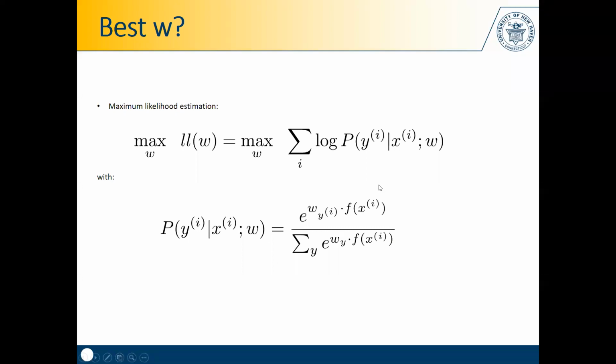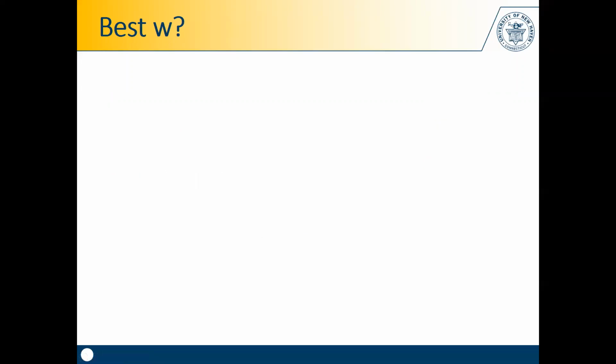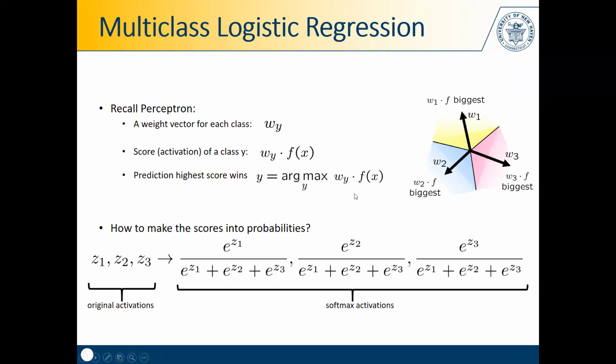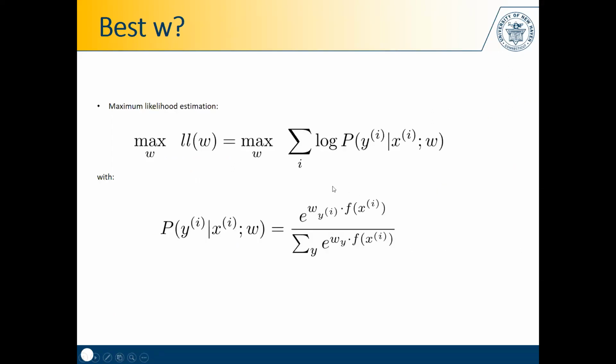So this is essentially the same as this ratio down here, where we've plugged in the value of Z instead of Z. So this is Z of xi, and this is the softmax function applied to z of xi.